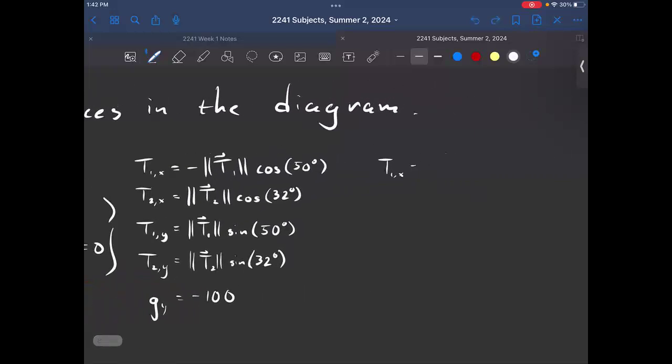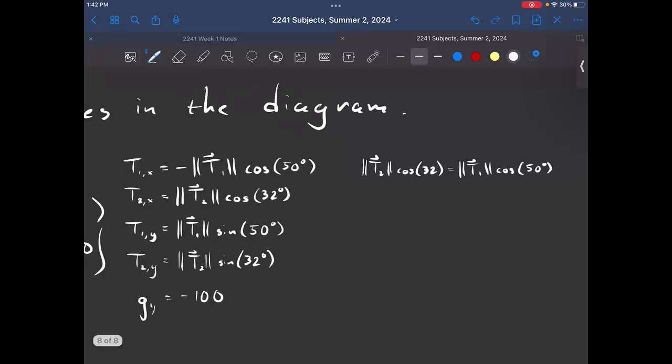Let's just write this down. We want this. So norm T2 cosine of 32 equals norm T1 cosine of 50. Don't worry too much about that negative sign right now.